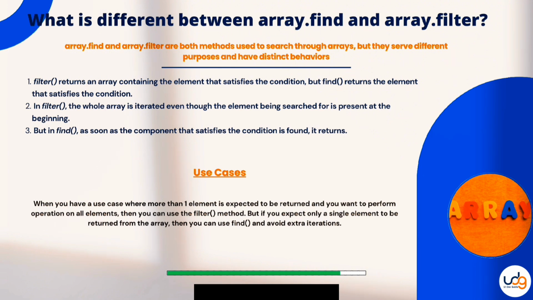After the callback function there is a second argument, which is used for initialization, so we can initialize the value. So it takes two parameters: one is a callback and one is a default value.